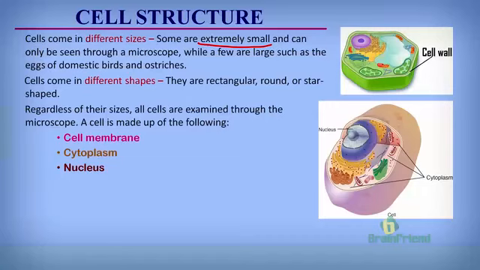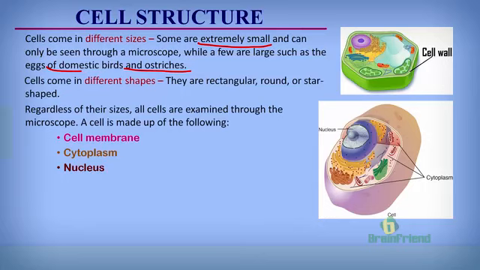While we have very few cells that are large enough to be seen with the naked eyes. An example of a cell that you can see with your eyes is the egg of a domestic fowl or the egg of an ostrich. In this case, you can see the egg of a domestic fowl. That's the one you usually cook or prepare at home.